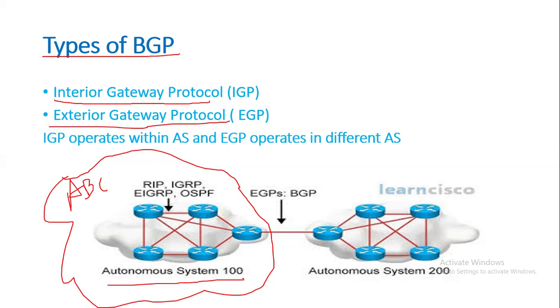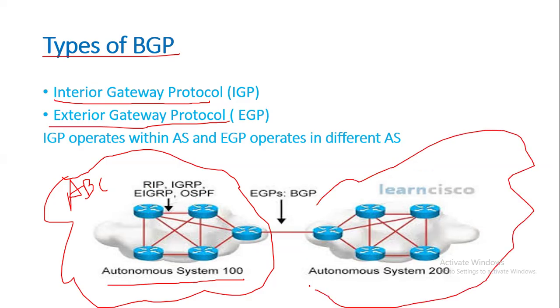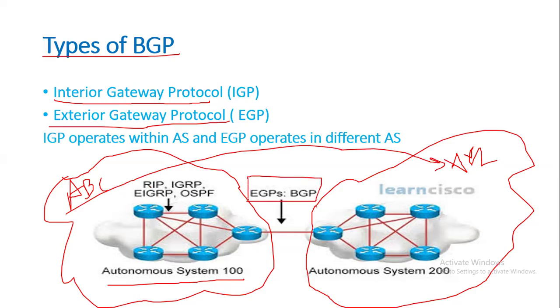That means they are interconnected internally, so you can use an internal gateway protocol like RIP, OSPF, EIGRP. But what will happen if you have a different organization? Let's say this is the XYZ organization and you want to communicate from ABC to XYZ. How is it possible? You can use BGP, and it is very useful.